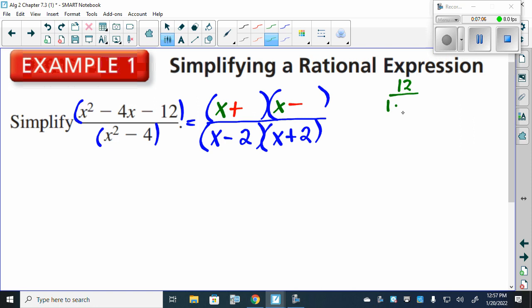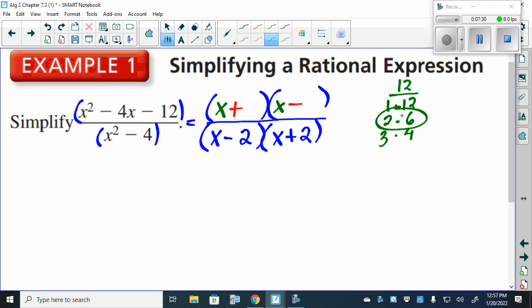Well, the factors of 12 are 1 and 12, 2 and 6, and 3 and 4. Which one of these sets of factors do we want to try first? So why would we want to try 2 and 6? So it would be to get negative 4.